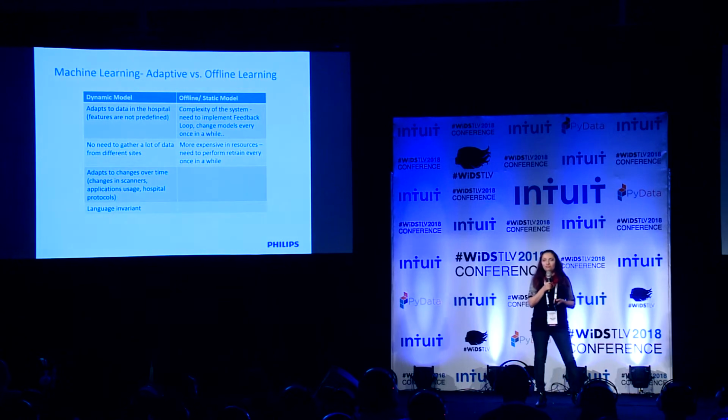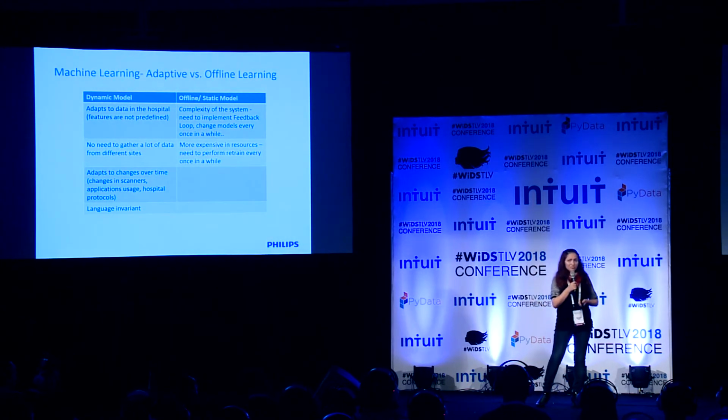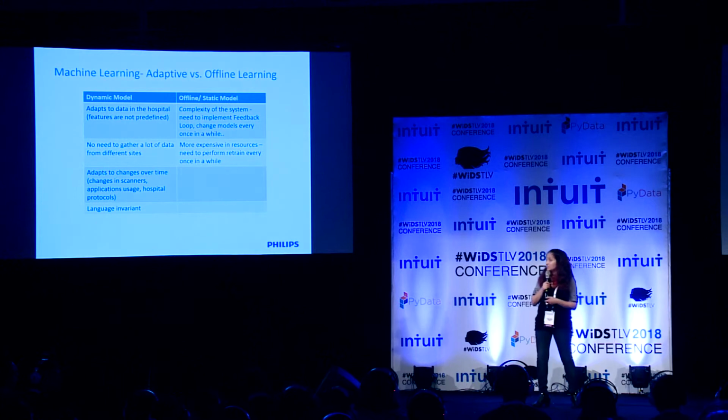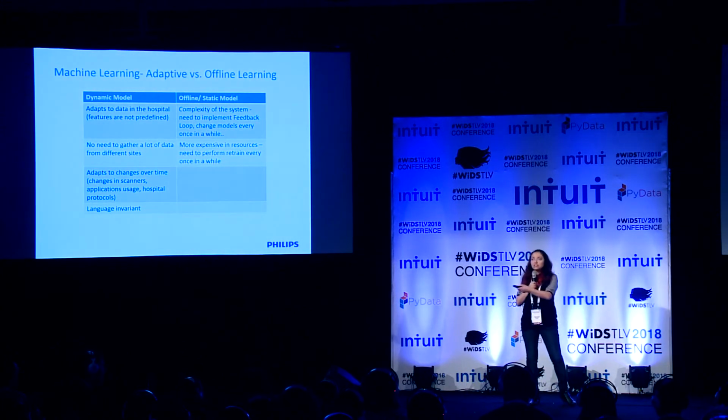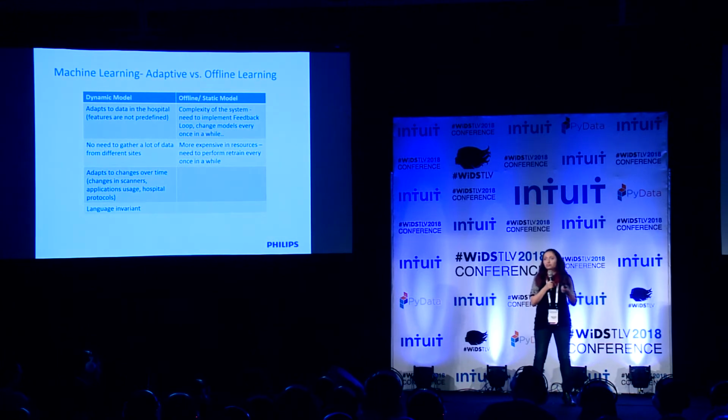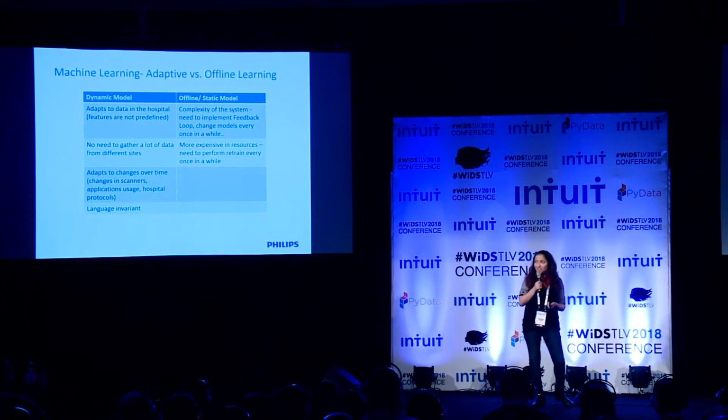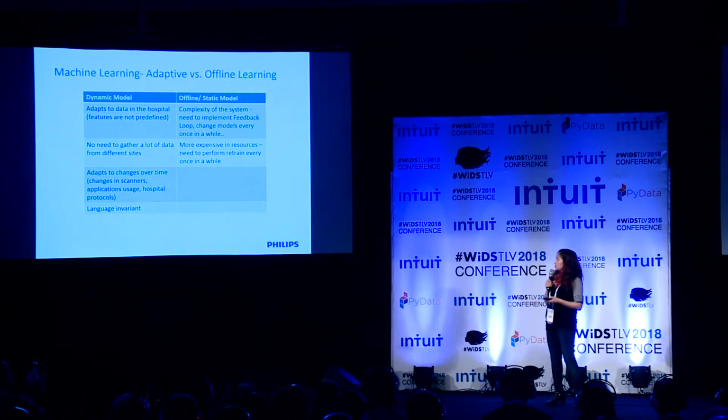Of course, they have different languages, but really the data is very different. And it's very difficult to collect data from many places in the world, create an offline model, and then deploy it. This is very challenging, and this is why we chose to go for the dynamic model.